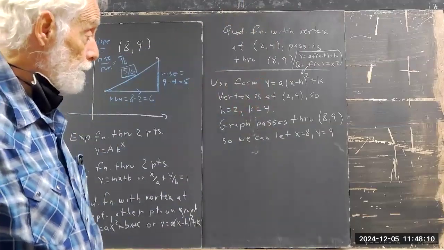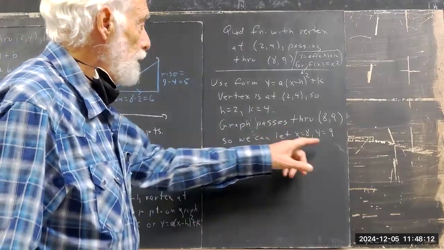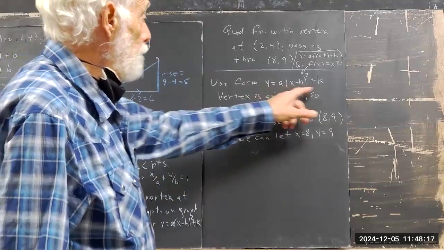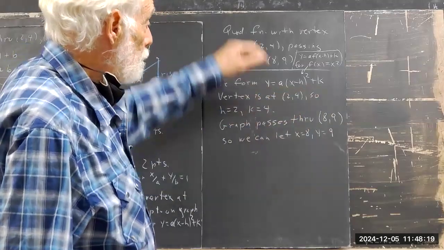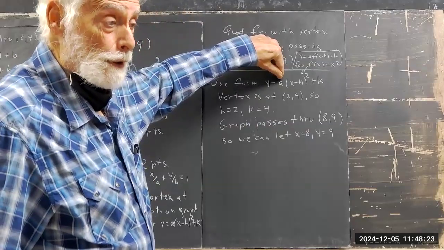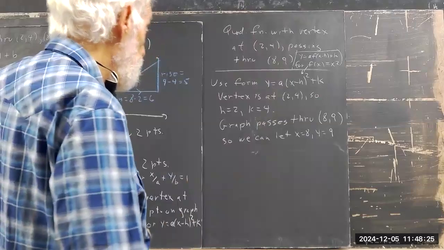But you can look at this and see that if we can replace x and y with numbers, which we just said we can do, and h and k with numbers, the only symbol left is a. And you have an equation you can easily solve for a.